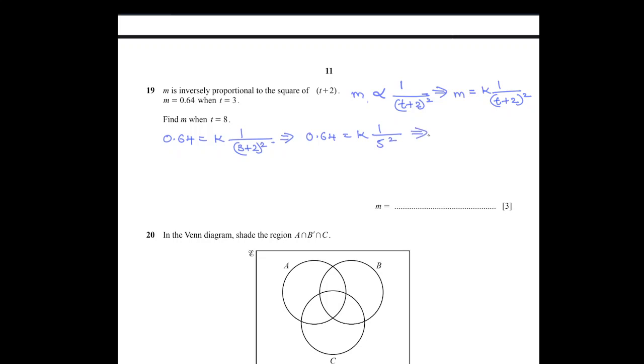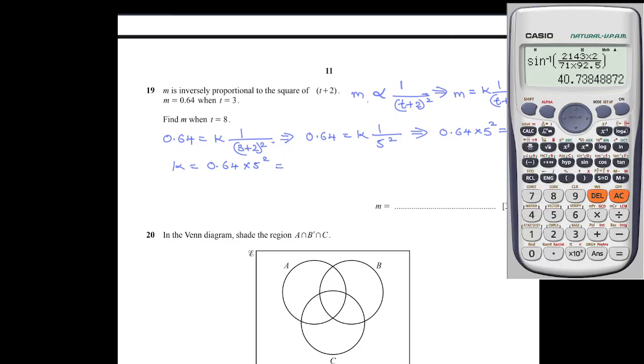Now this gives you 0.64. When you bring this 5 square to the left hand side, it will be multiplied with 0.64, and k will be here. So k value is 0.64 into 5 square. Find out using calculators. 0.64 into 5 square, 16.